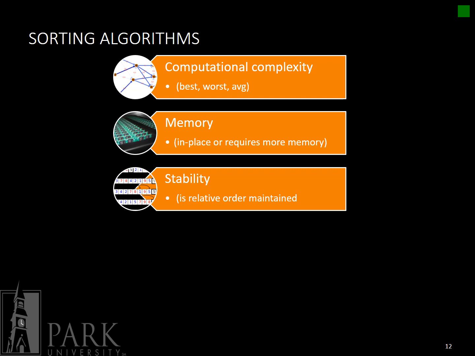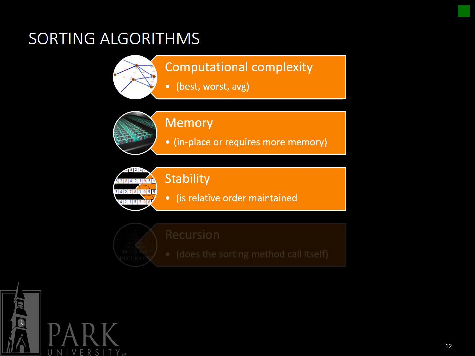Which sorting algorithms are stable, meaning is relative order maintained? So if item 1 comes before item 7, but they're already sorted by whatever way you're going to sort them, will they maintain their positions or will they get swapped? We'll take a look at that.